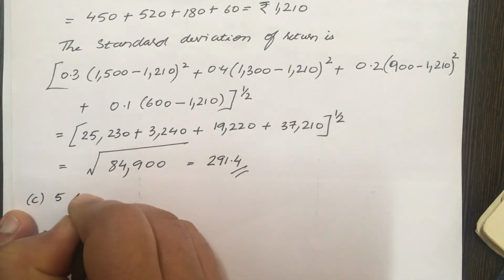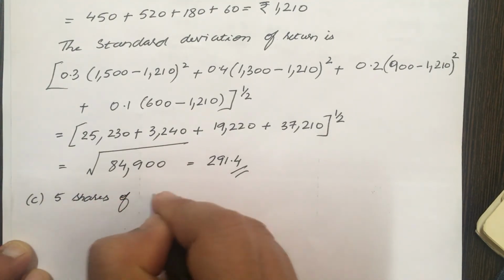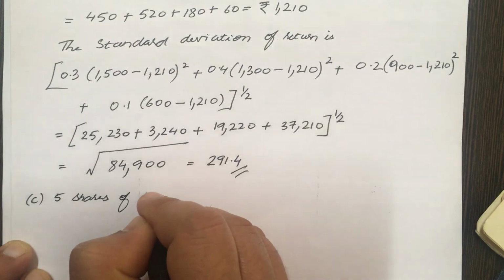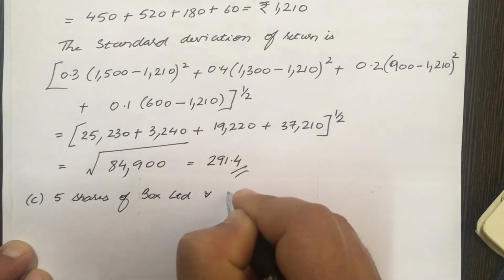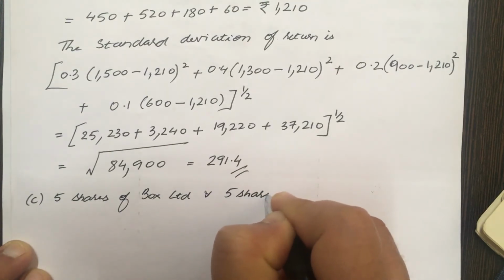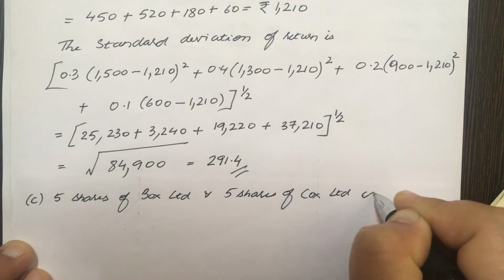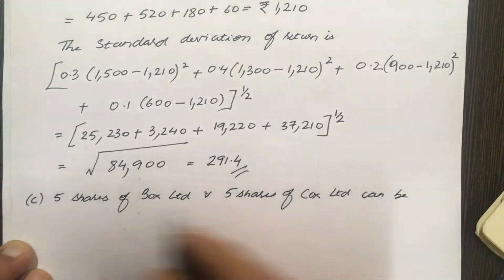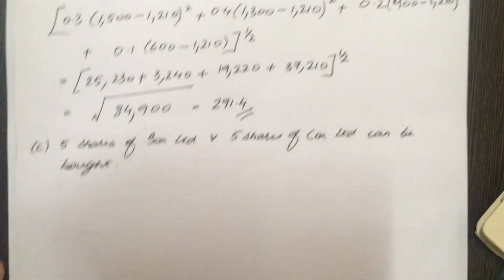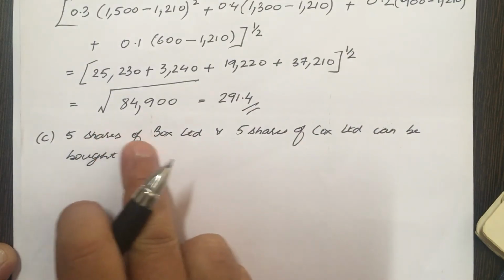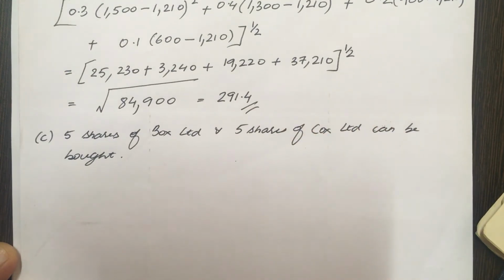You can buy 5 shares of B Limited and 5 shares of Cox Limited.